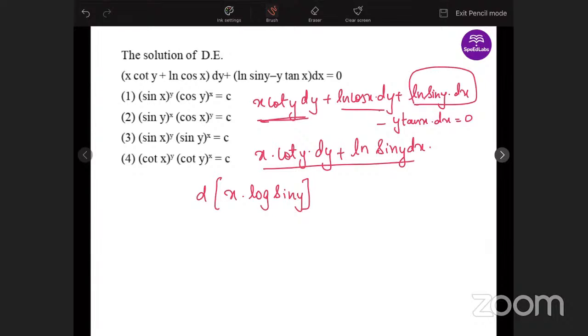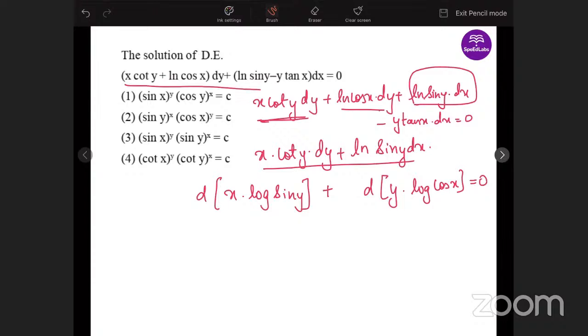So that dx would be cancelled, so I could write it like this. Similarly, the next terms, plus d of y times log cos x, which is equals to 0. Divya, can we write like this? Yes, sir. So now our half of the part is done.